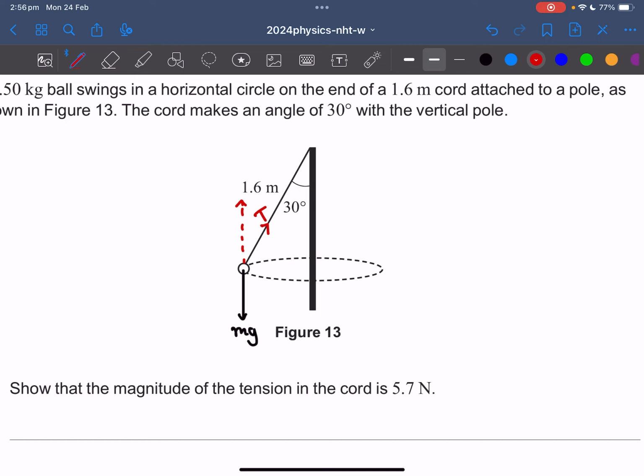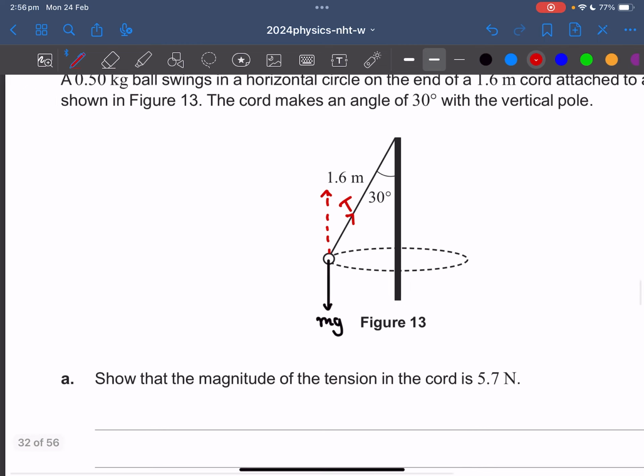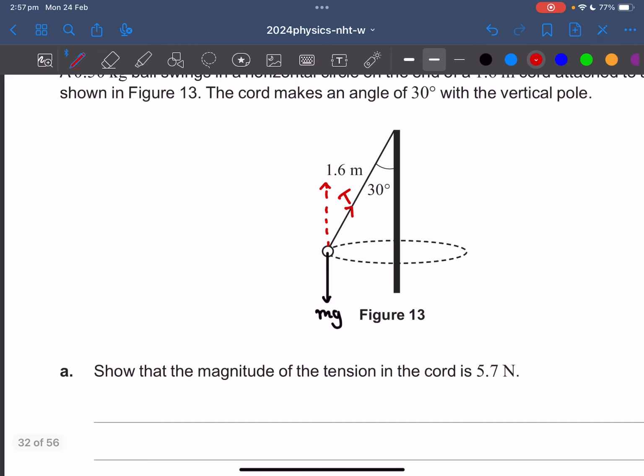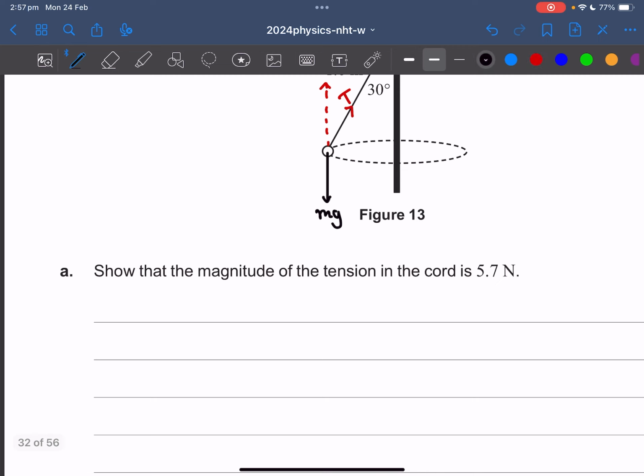And what is the vertical component of this tension force given by? It's going to be T cosine of 30. So T cosine of 30 equals mg, and our tension is going to be mg on cosine of 30.